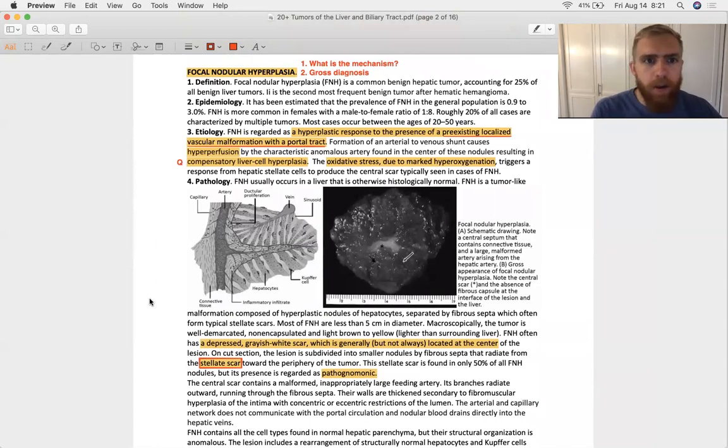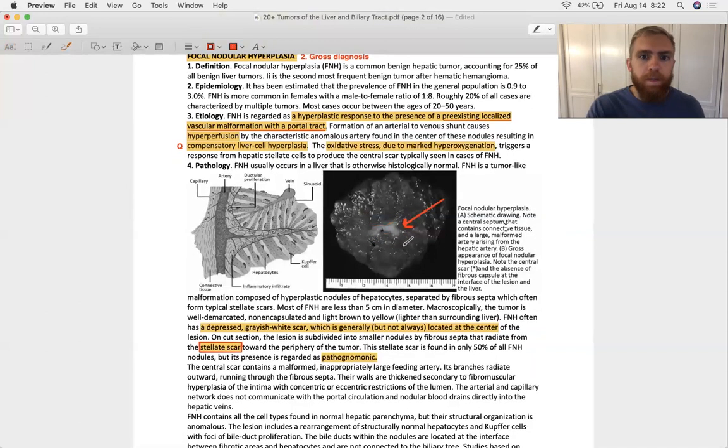What's pathognomonic about focal nodular hyperplasia is this stellate type fibrotic scar in the middle of this gross nodule. And you might see something similar in a different type of hepatocellular carcinoma, but for the most part, this FNH is the only thing that we're seeing that has this stellate fibrous core. So if you see it, you're thinking focal nodular hyperplasia.